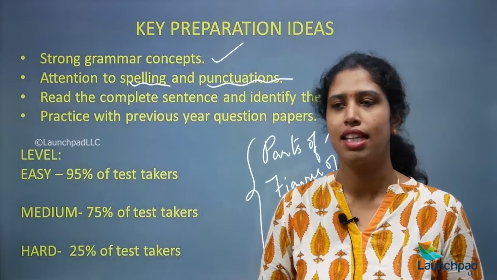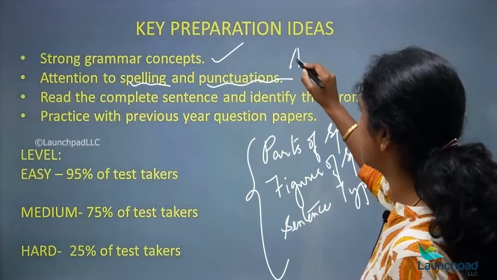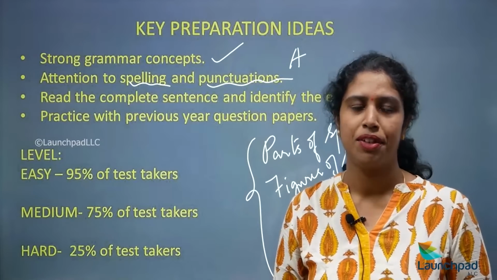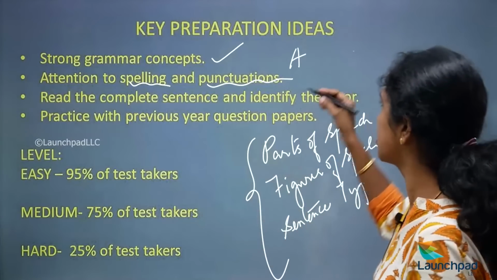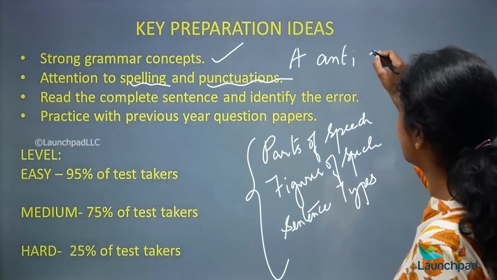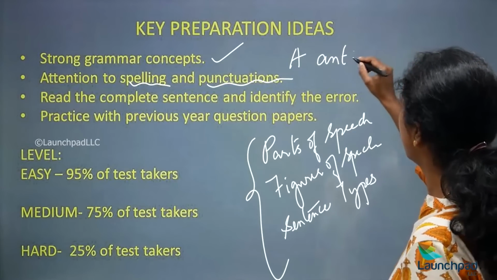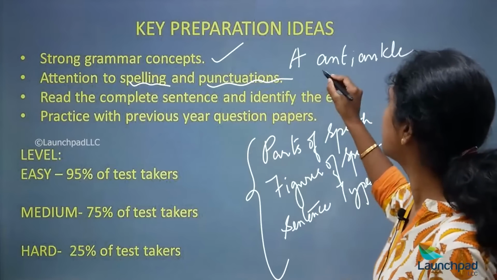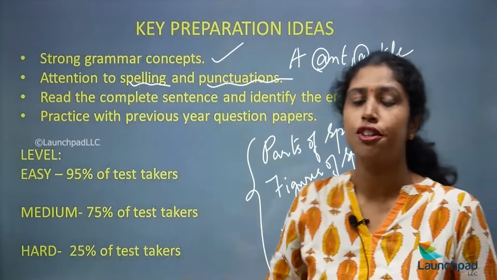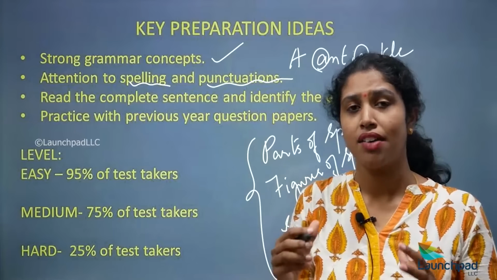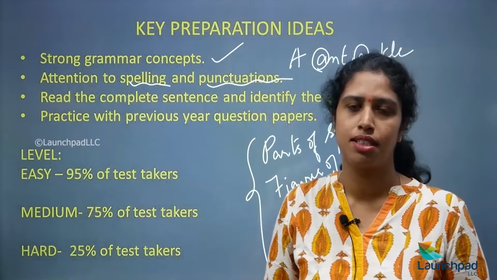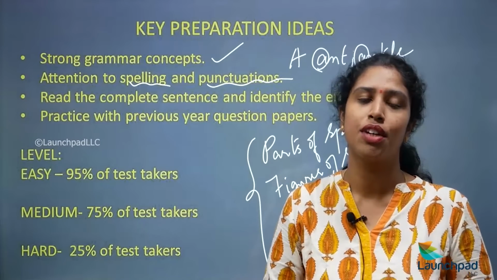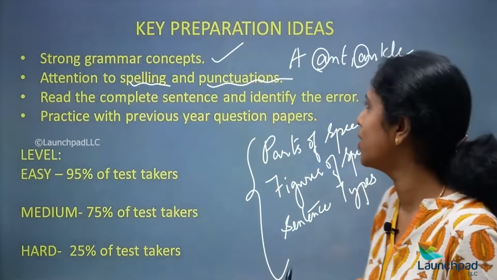For example, the letter A has the sound A, as in ant and ankle. Whenever you have the letter A, it takes that sound. So you have to be very sure of the sounds, because these sounds will help you tell if the spelling is right for any word.